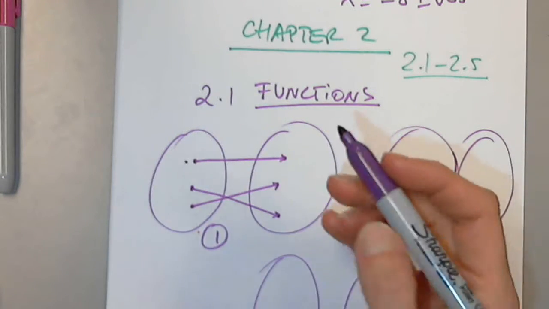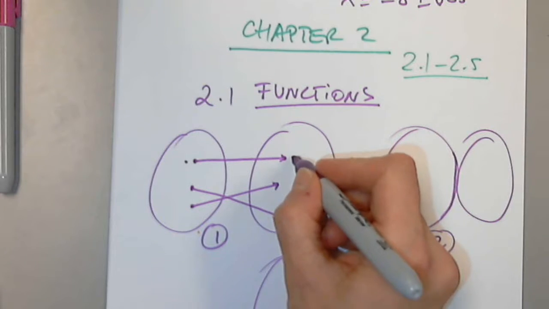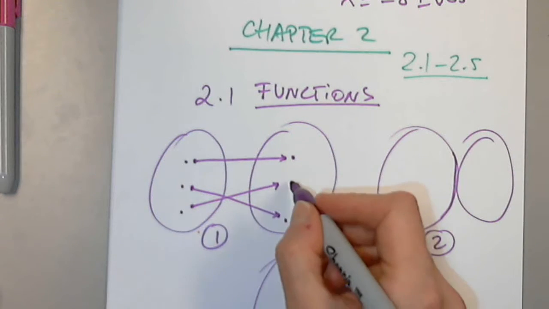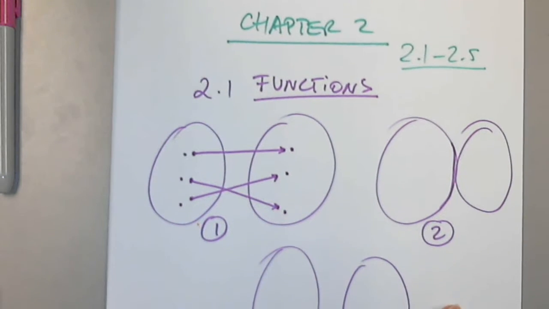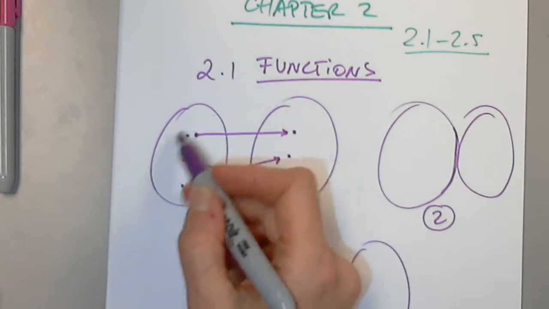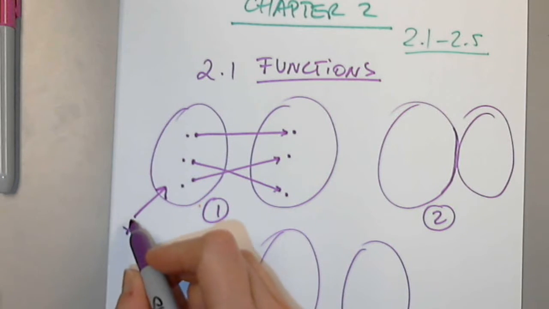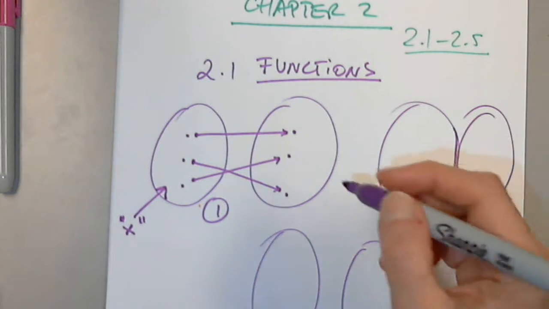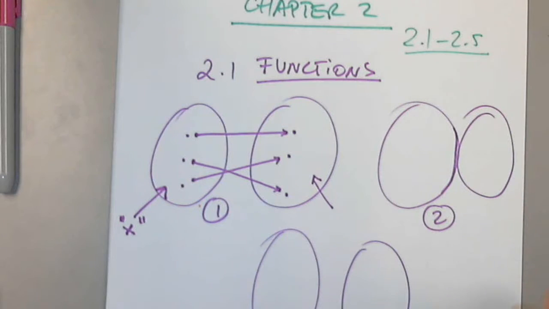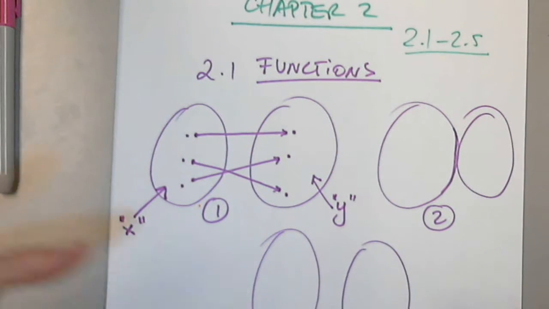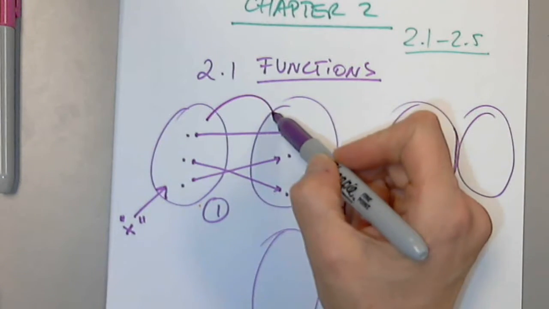This number, whatever number you want it to be, corresponds to this. This number corresponds to this. This one corresponds to this. This first set of numbers is always the values of x. This second set is always the values of y. And I created the relationship.